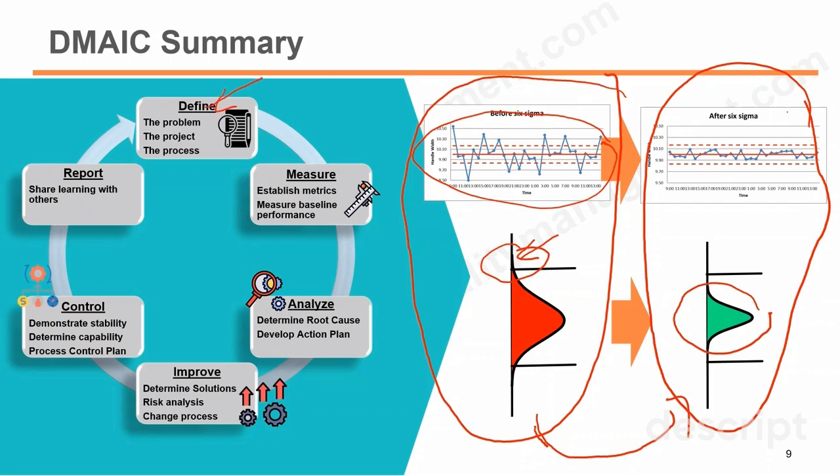understanding the problem and also the process map; measure, establishing the metrics, the key parameters to measure and measuring the current or baseline performance; analyze, determining the root causes that could have caused those variations; improve, determining the solution, with some risk analysis performed; and control, to standardize all those solutions in documentation such as a process control plan to ensure that it's followed through, and finally demonstrating sustainability and stability.